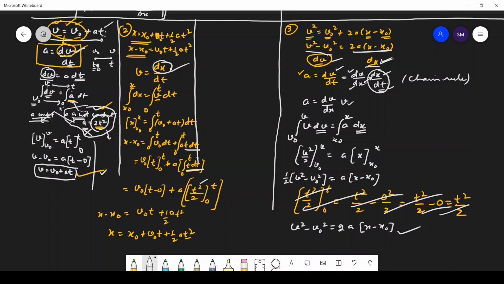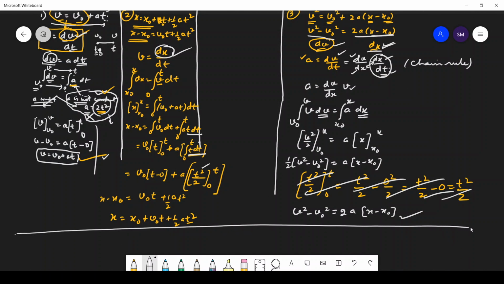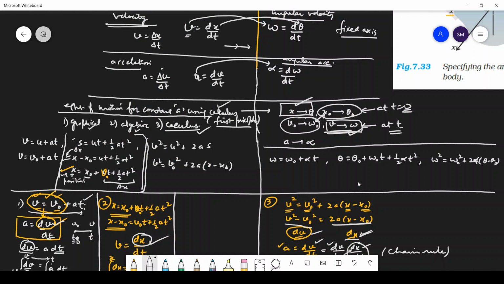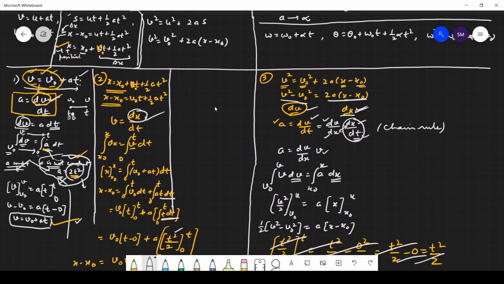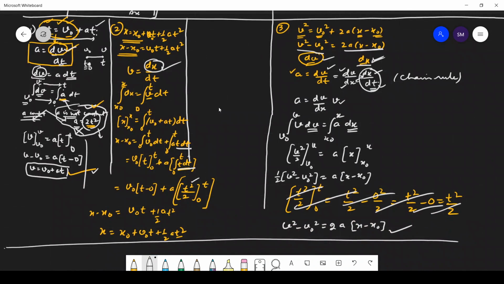So similar equations we will have here, like we have written the equations here. In absolutely similar way, you just need to replace these variables.